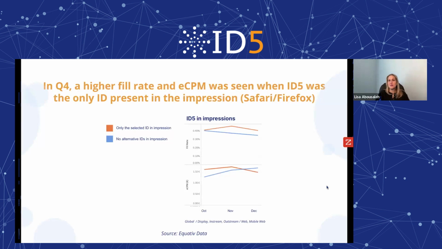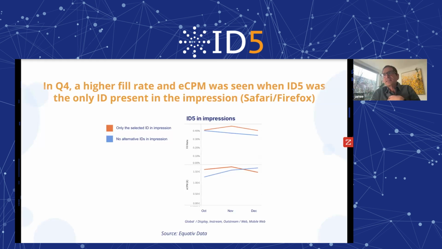All right. So let's talk a little bit about fill rates and eCPMs when these alternative IDs are used. This first one being taking a look at examples leveraging ID5 IDs. Yep. So this is ID5 when we're looking at Safari and Firefox, when ID5 is the only ID in the impression. That does bias the sample a little bit, right? Because I work for an SSP.